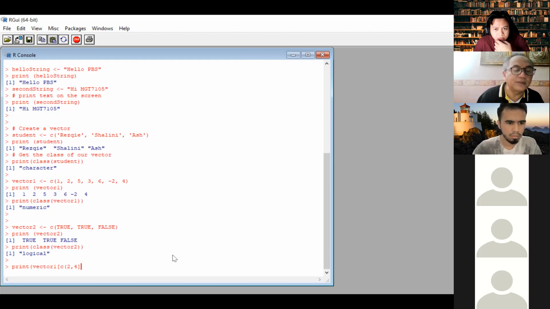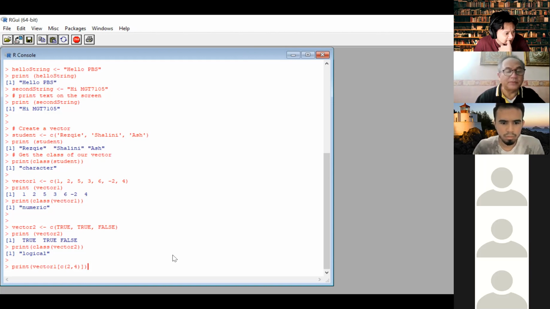You must organize that: square bracket first, and then the print vector 1, C, 2 and 4.